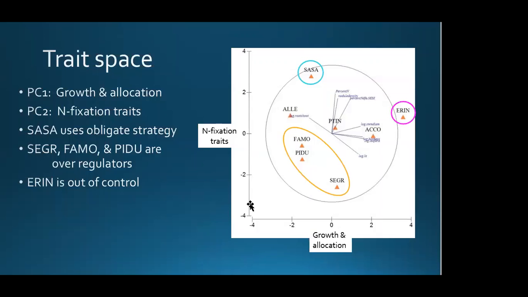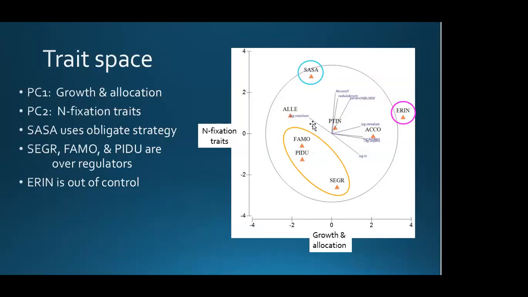PC2 here, going from low to high, was associated with nitrogen fixation traits and explained an additional 32% of the variation. Recall that Sasa, a low-risk species at the top in turquoise, was the only species using the obligate strategy and appears to be all by itself with high fixation and only mediocre growth and allocation.